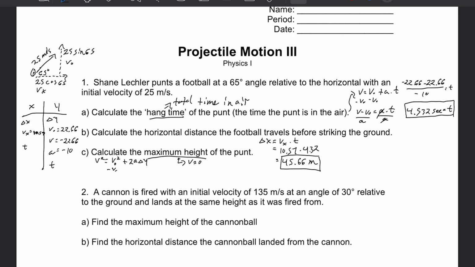Those variables lead us to use v squared is equal to v0 squared plus 2a delta y. Subtract v0 squared from both sides, and then divide both sides by 2a, and you get v squared minus v0 squared over 2a is equal to delta y. It's ready for us to solve. We would have 0 squared minus 22.66 squared over 2 times negative 10.